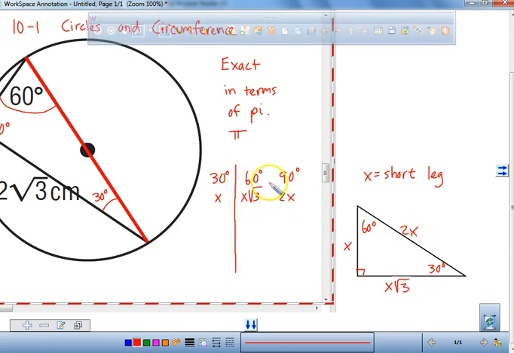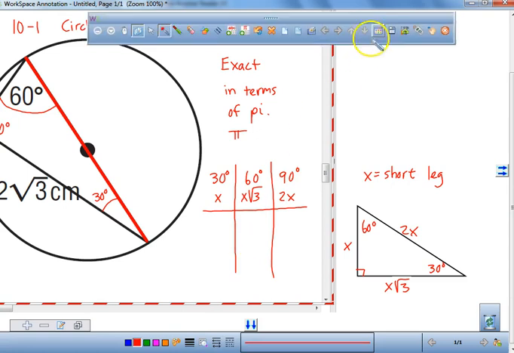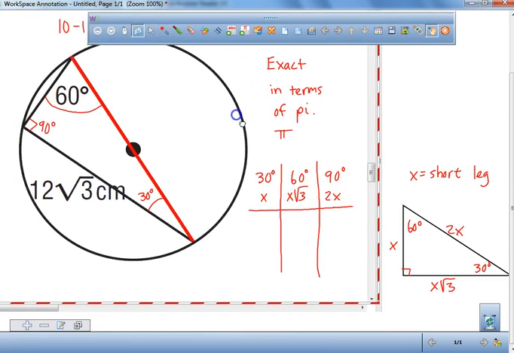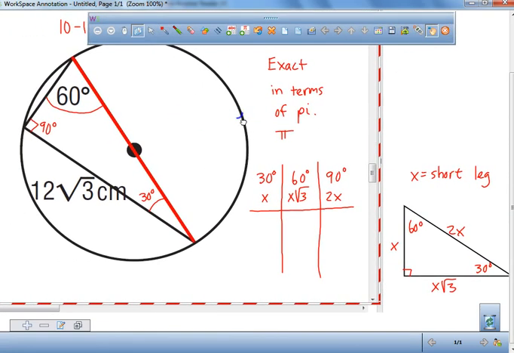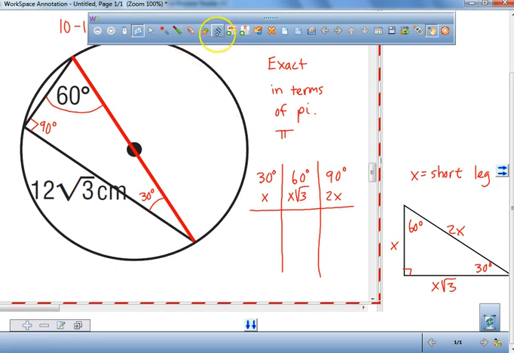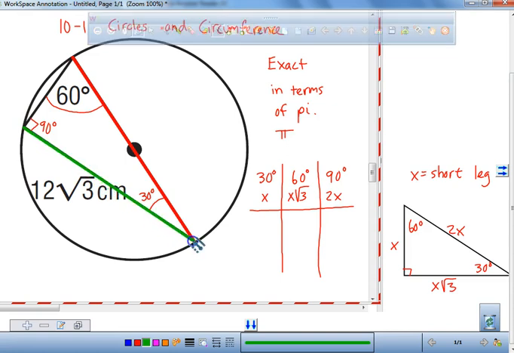Here's what we're going to do. We look at our picture and ask ourselves, where would I put this side of 12 radical 3?